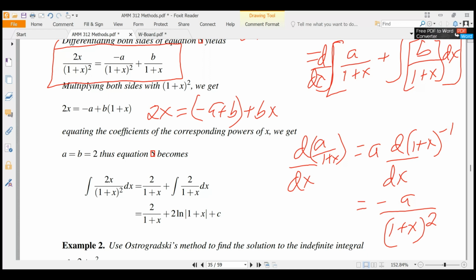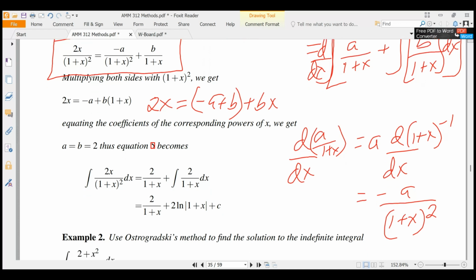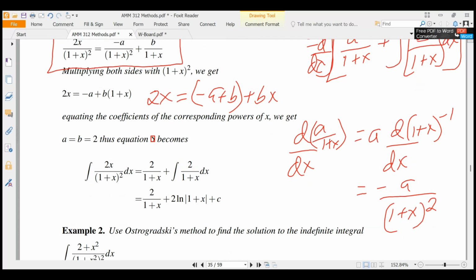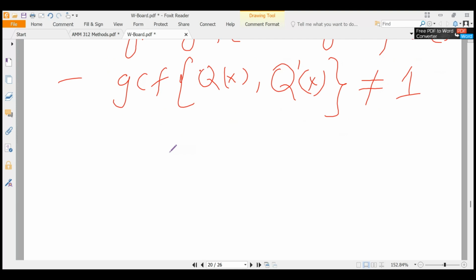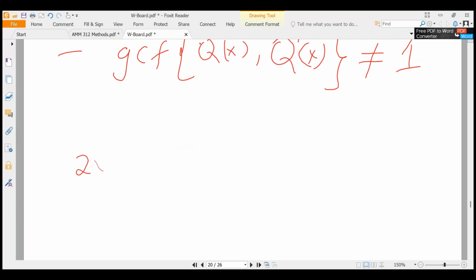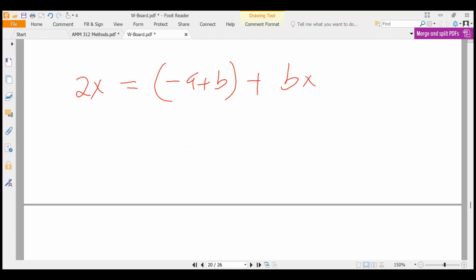To find the values of a and b, we now equate the coefficients of the corresponding powers of x.